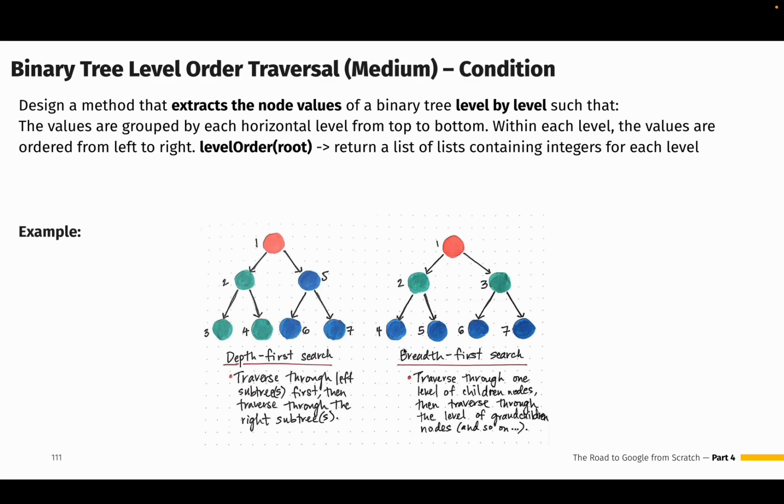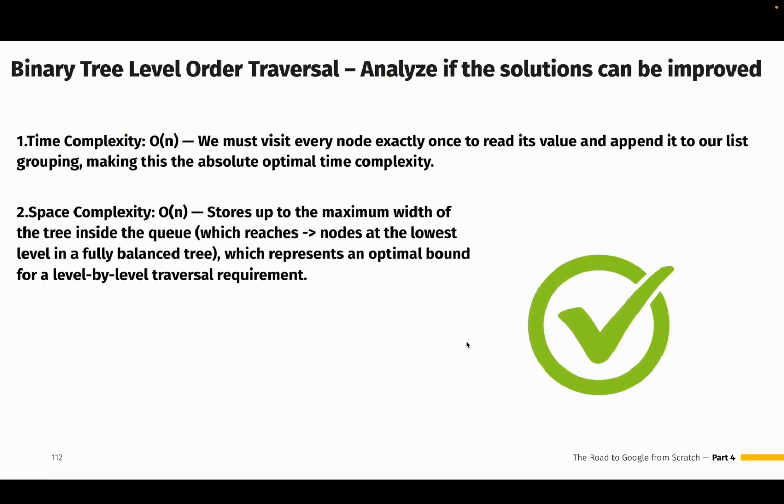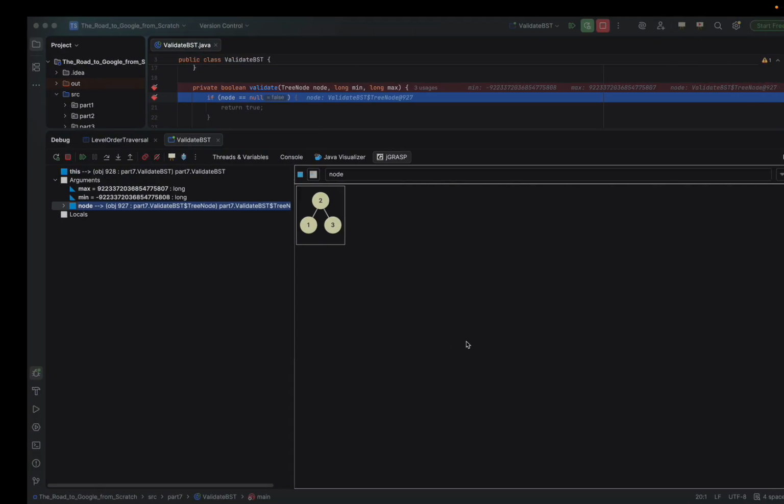Oh no, sorry, breadth first search. So we will use depth first search, but in the previous exercise we saw how to use breadth first search, where we traversed the tree level by level. But okay, let's go back to our exercise.